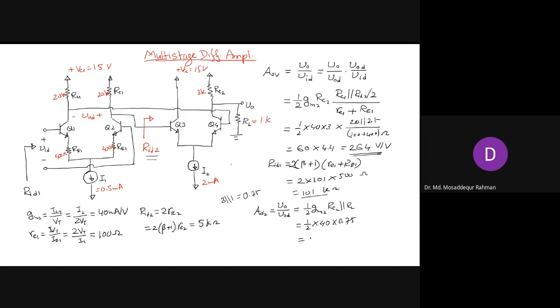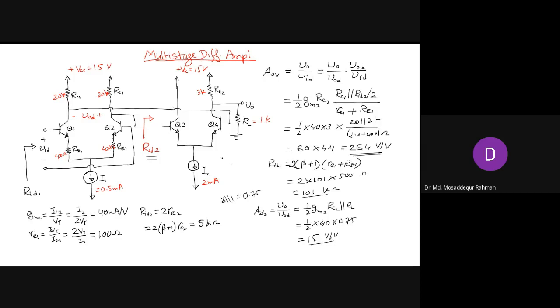Did I get it right? Is it 15? Yes. So it's very low. There's a drastic reduction in the gain from 264 to just 15 when you connect the load.